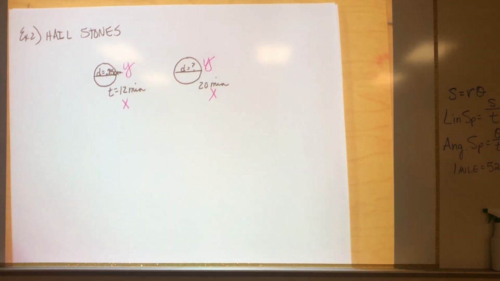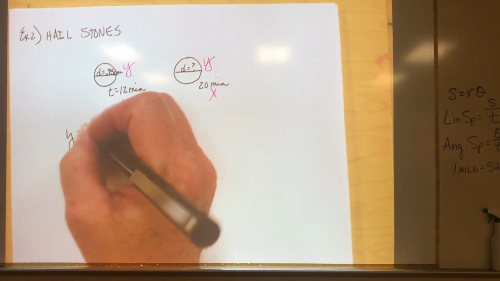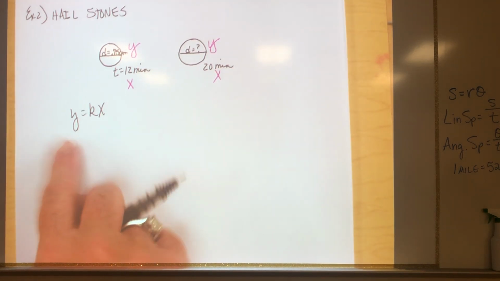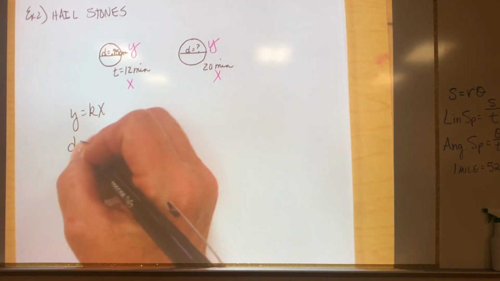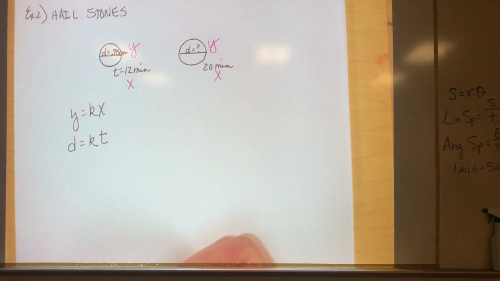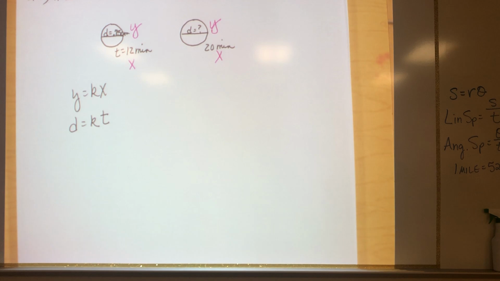So while my equation used to be Y equals KX, now it is D equals KT. Very good. Diameter is equal to the constant of variation times the time. Then we're just going to plug in the ones that we know.